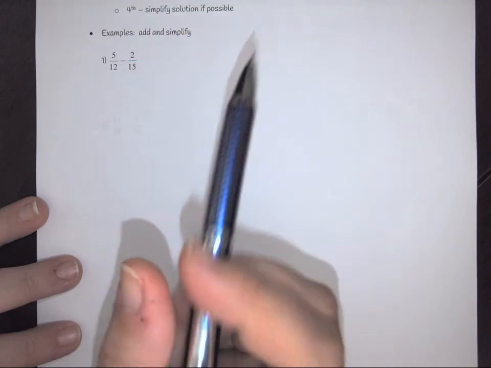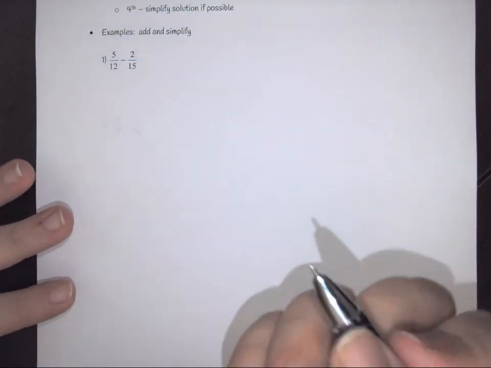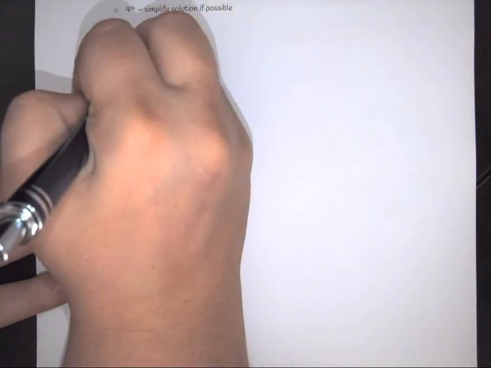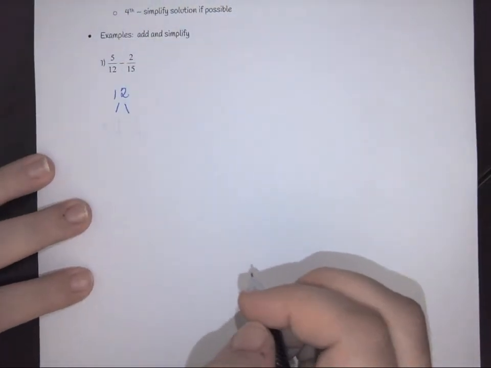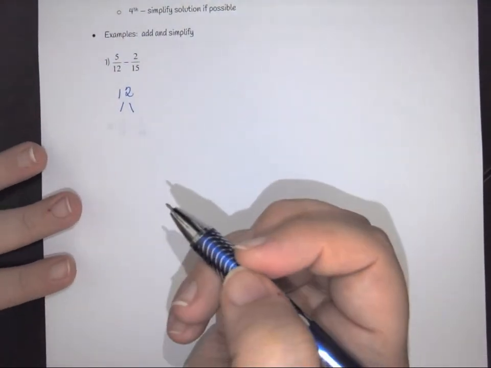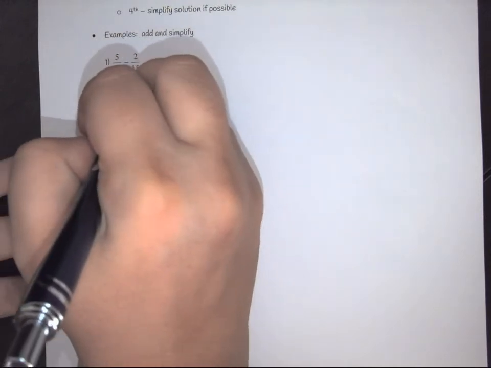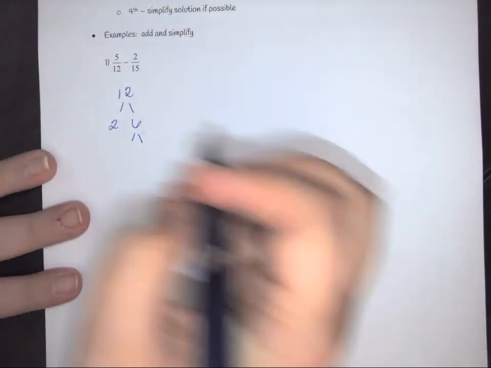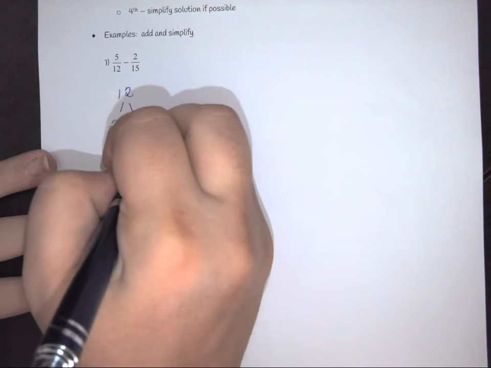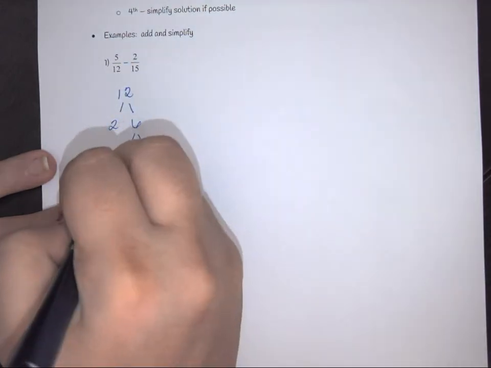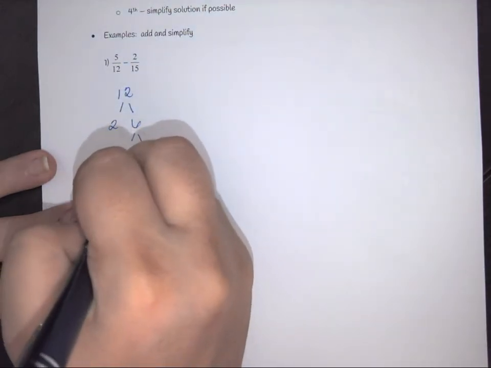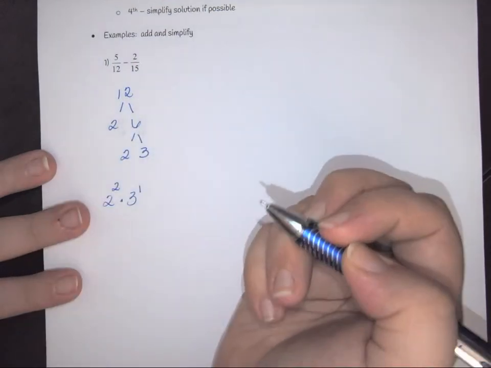So I have 5/12 minus 2 over 15. So again, I'm going to take 12 and I'm going to break it down, and there's many ways to do it. Last time I think I used 3 and 4, so we can use 2 and 6. And then 6 breaks into 2 and 3. So this becomes 2 squared times 3 to the first.